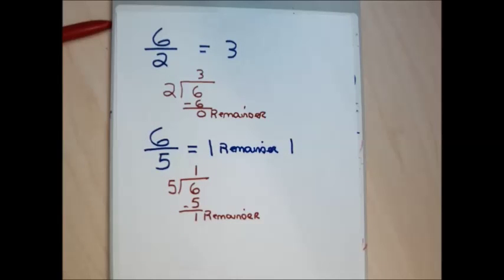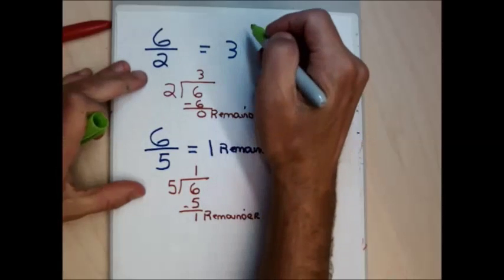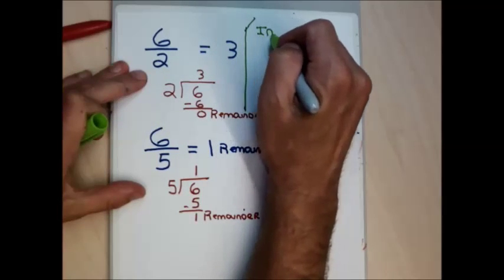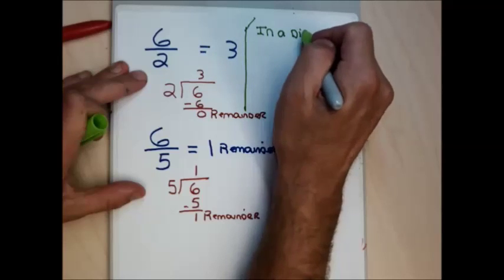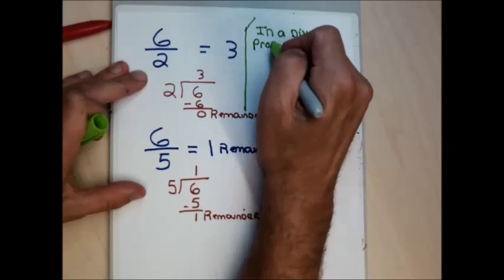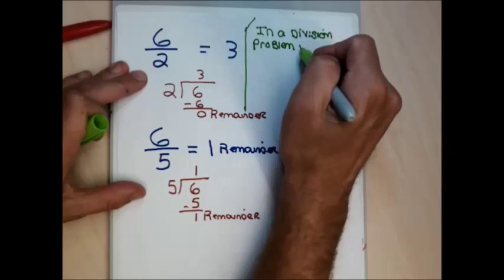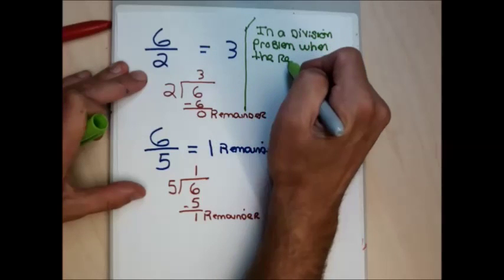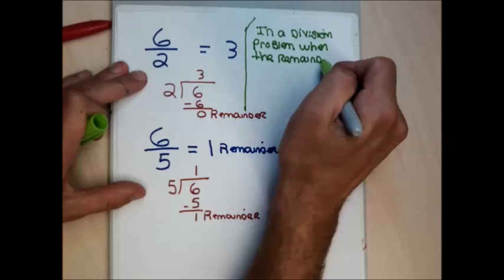The nice thing about division problems when you get remainders of 0 is they give you a product that somehow is a factoring of the numerator. So in a division problem, if the remainder is 0, it gives me a nice way to factor the numerator.